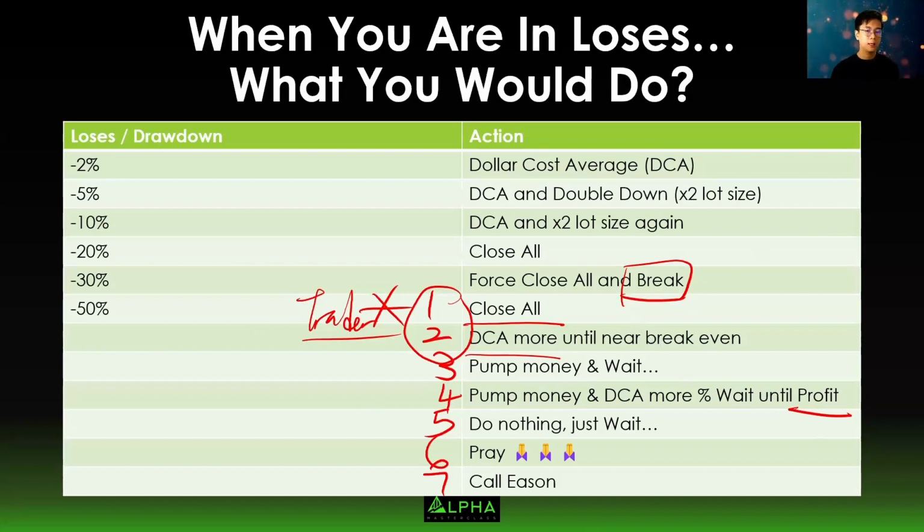And 3 and 4 is what we call an investor. An investor is usually the one that just pumps in the money and does nothing, just waits until next year, hoping it is up. Like what happened in the market.